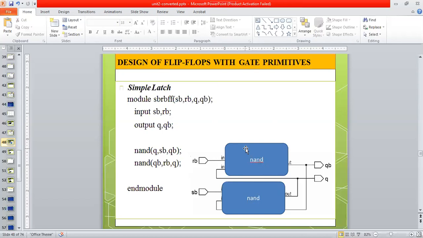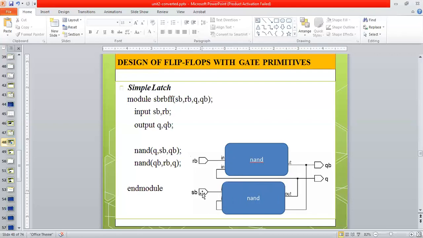Considering this NAND gate, one of the outputs of this NAND gate is Q. Okay, friends, Q is the output for this NAND gate here.